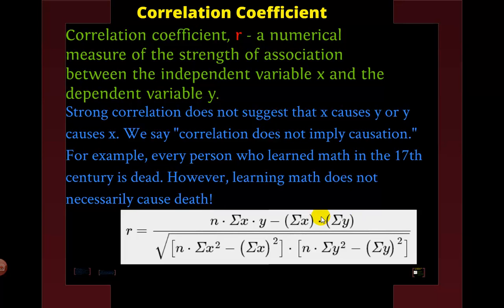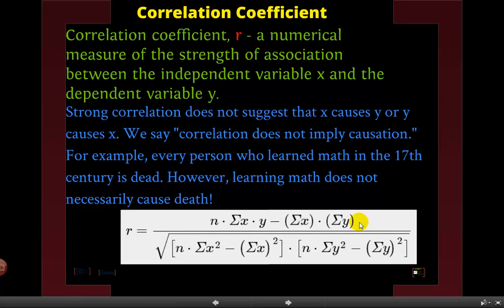And here's this big, ugly formula for how to calculate R. You're never going to do it by hand, so don't worry about writing this down. But we have n, the number of things, times the sum of our xy's, minus the sum of x's times the sum of y's, all over the square root of n times the sum of x squared minus the sum of x's squared, times n times the sum of y squared minus the sum of y's squared.